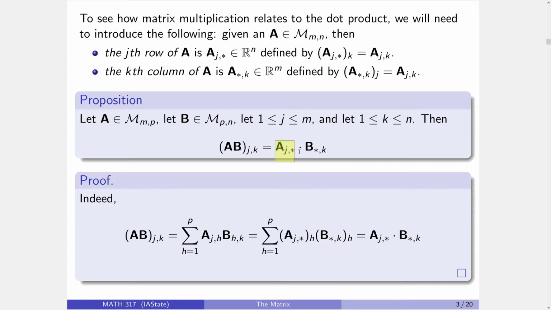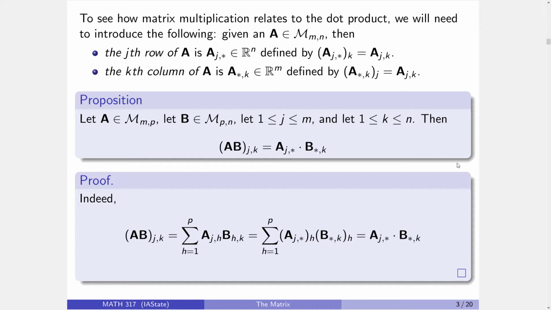This is an element of Rp, right? Lock down j, then I have access to 1 all the way up to p. This is also an element of Rp. Lock down k, and then this can run from 1 to p. So the dot product here is logical. It is allowed to be done because these are elements of Rp. Beautiful.